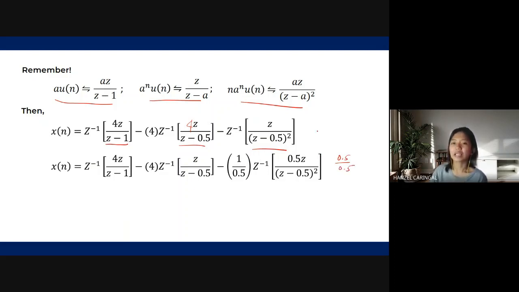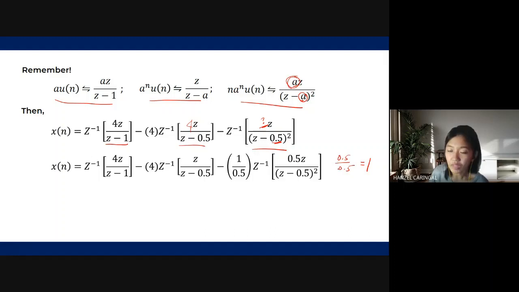Why? In the z transform table, it should be z minus a squared, with a in the numerator too. Our a here is 0.5, so we need a 0.5 in the numerator. The only way to have that is to multiply by 0.5 over 0.5, which is just equal to 1.